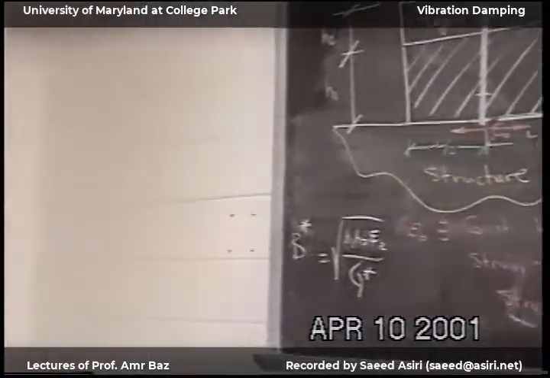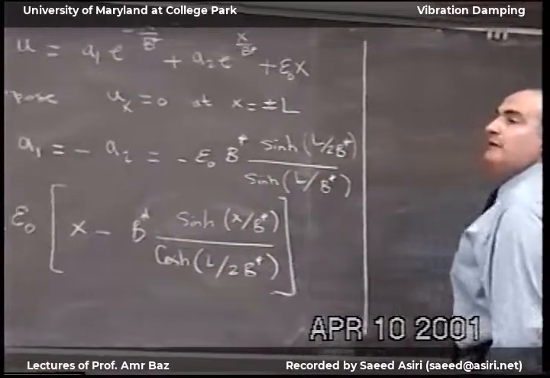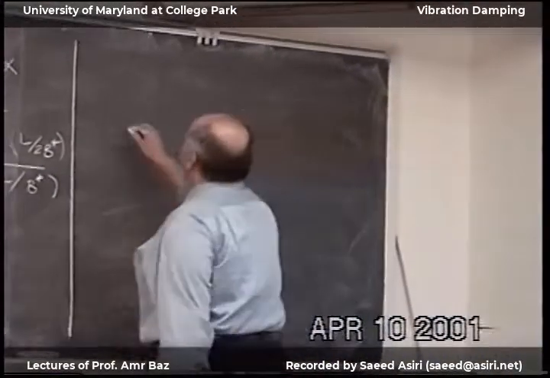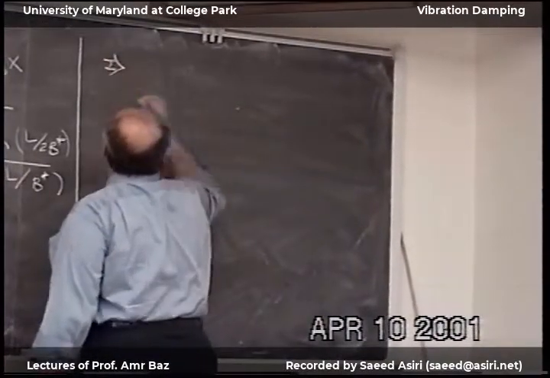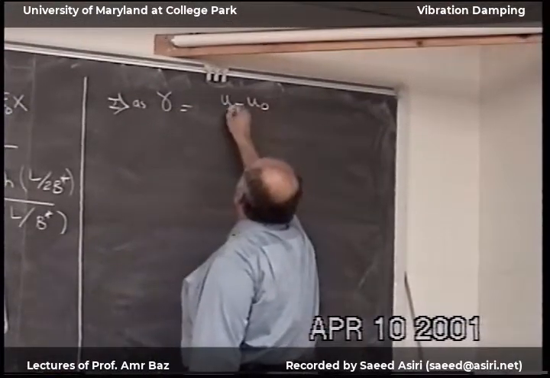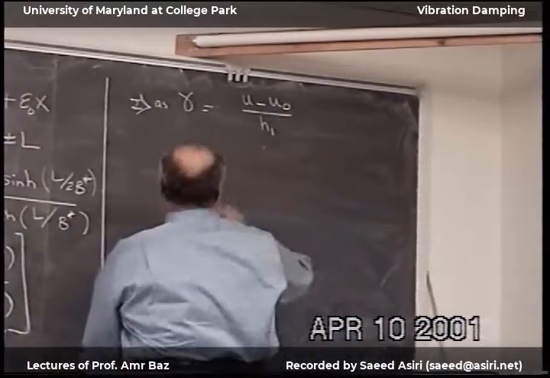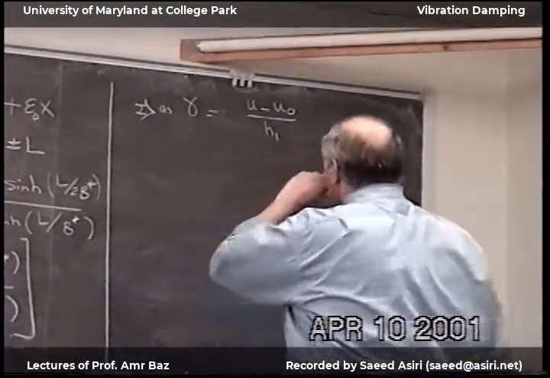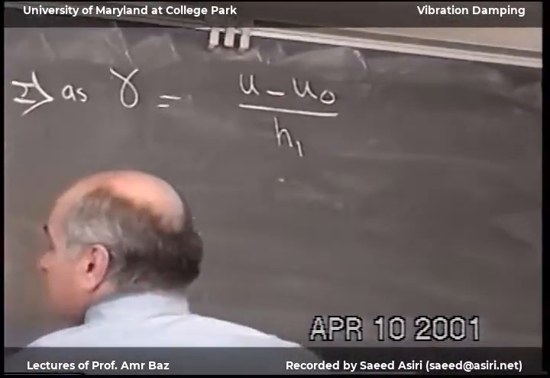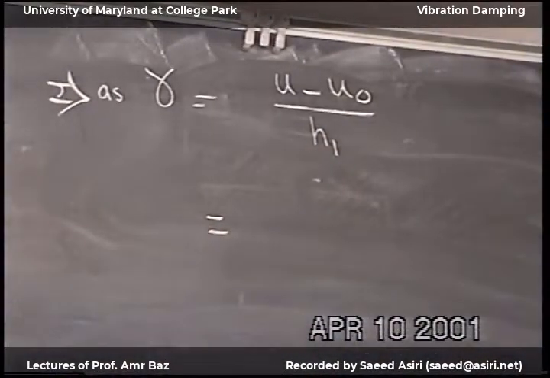Okay. Now we want to go and calculate, from here of course we can calculate, let's say, gamma is equal to u minus u0 over h1. Then from here, the first term is epsilon 0 x.